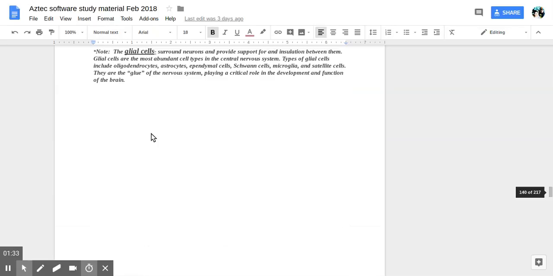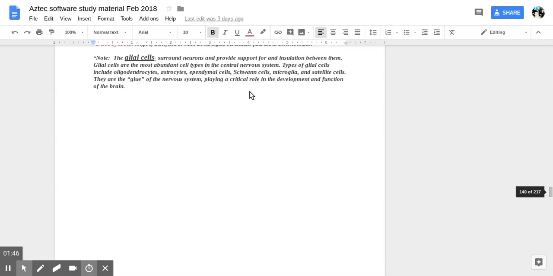So glial cells are defined: they surround neurons and provide support for and insulation between neurons. Glial cells are the most abundant cell types in the central nervous system.